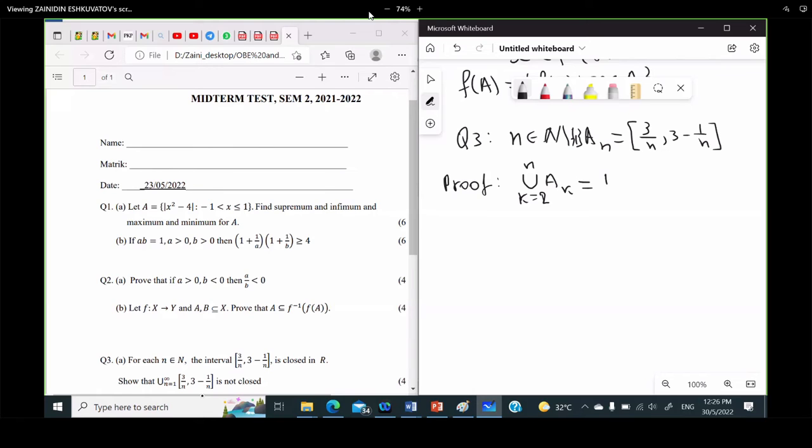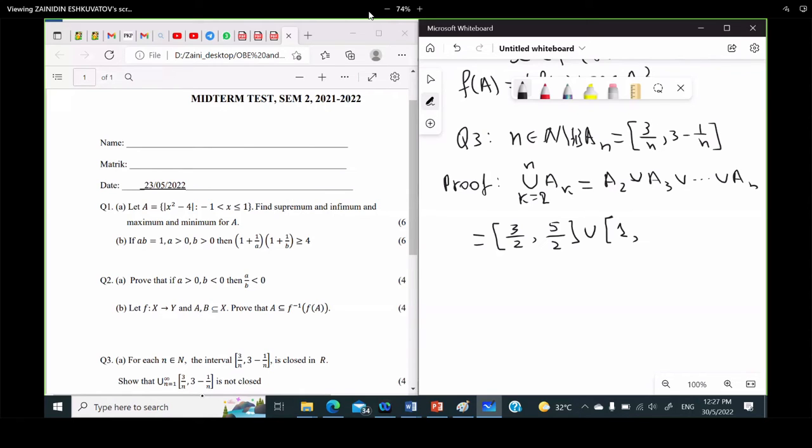So it is A2 union A3 union and so on, union A_n. A2 is, when n equals 3, 3 over 2, and 3 minus 1 over 2, so 6 minus 1, 5 over 2. Union, yes, it is a union. When n is 3, it is 1.